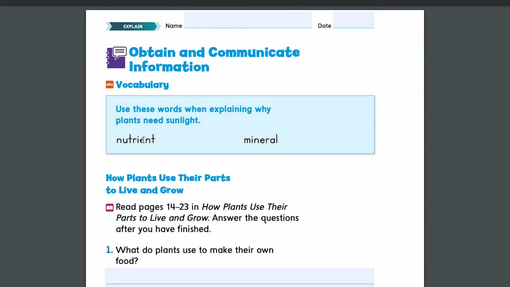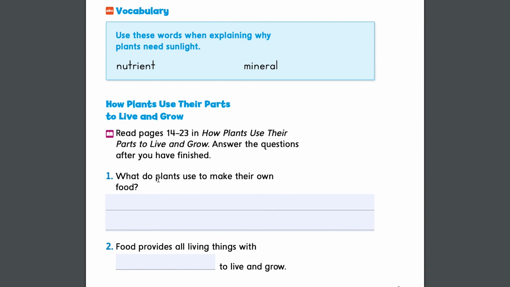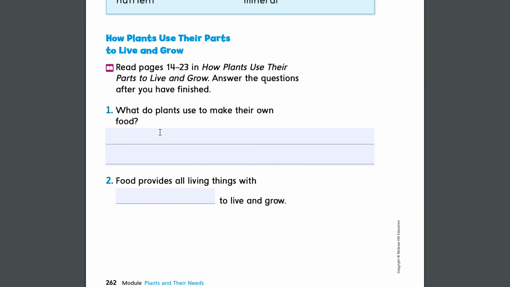So now that we've seen the meanings of nutrient and mineral, let's see if we can answer some of these questions. What do plants use to make their own food? Do you remember?